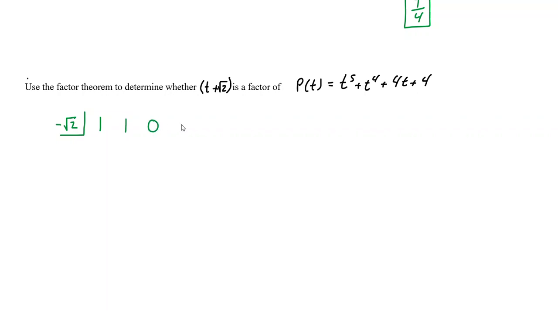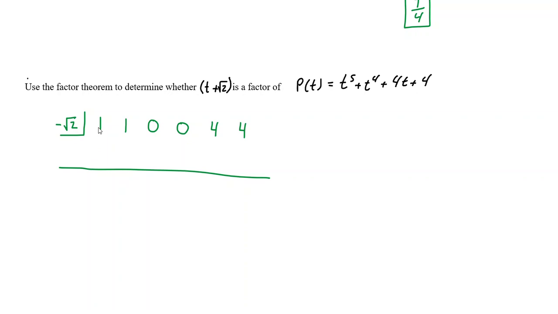And t to the second power, it's also 0. Notice that there's 2 missing powers of t there. But then t to the first power, there's a 4. And t to the 0 power, there's also a 4. So this is a fifth power polynomial, which means we have 6 coefficients. Right? 1 for t to the fifth all the way down to t to the 0 power.